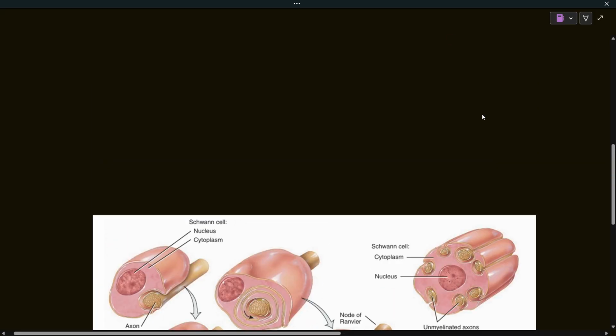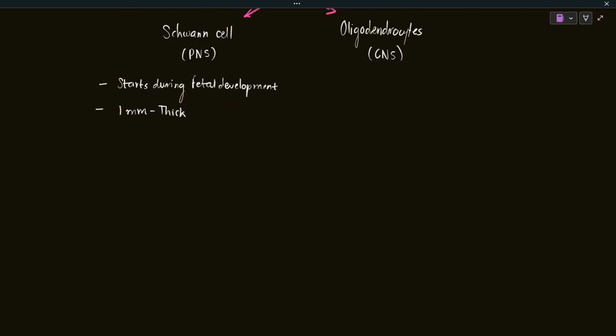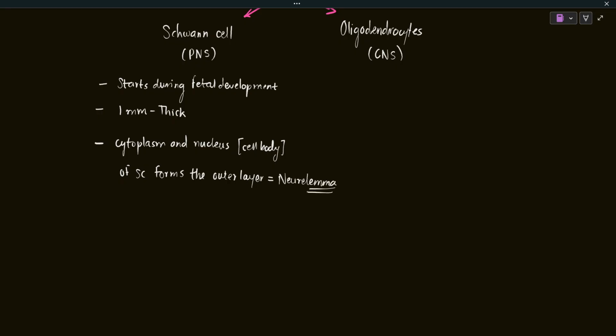So let's discuss it here. Let me write it here. The cytoplasm and nucleus is basically the cell body. The whole cell body of the Schwann cell forms the outer layer, which is known as neurolemma. Lemma means the layer, so neurolemma.